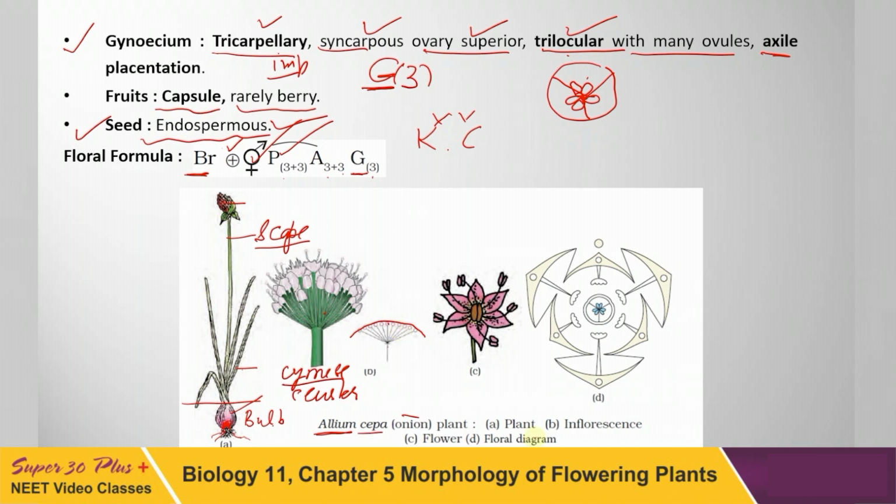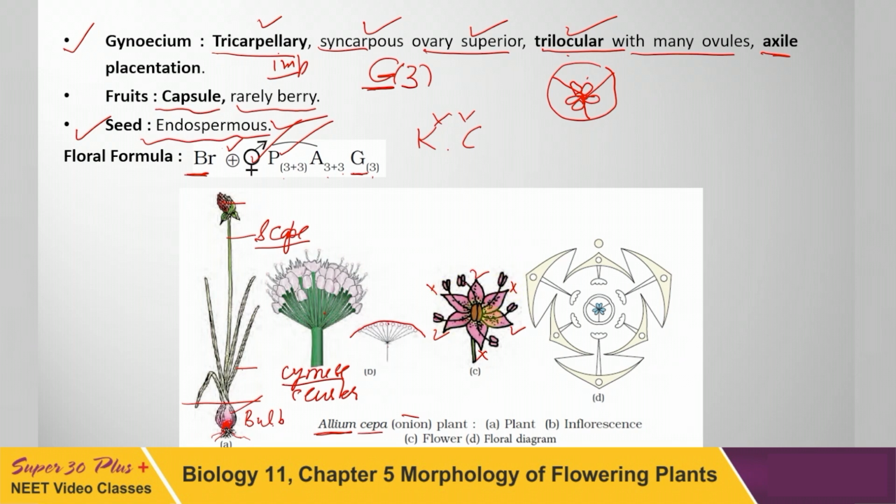This is a typical flower, as I told you, with 3 tepals in one whorl, and 3 tepals in the other whorl. You see here 6 stamens, 1, 2, 3, 4, 5, 6.